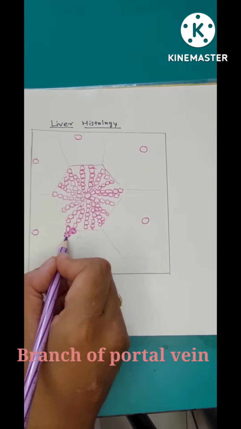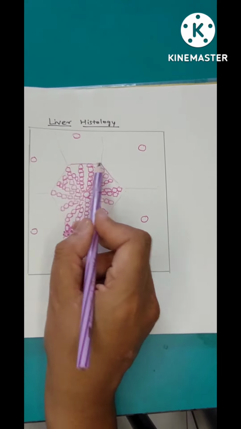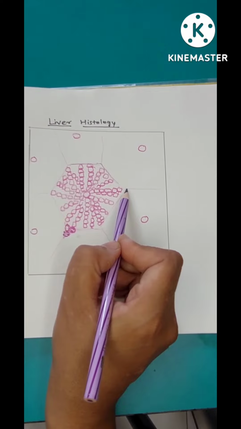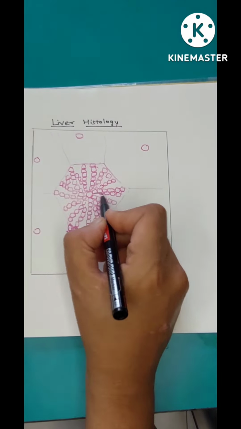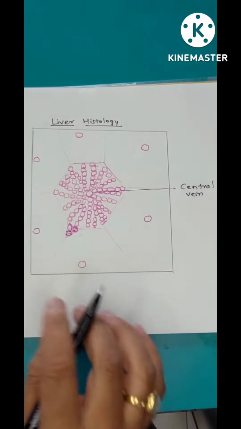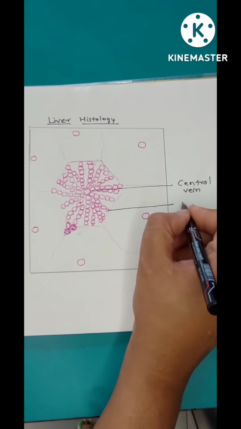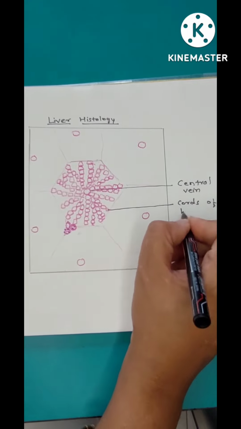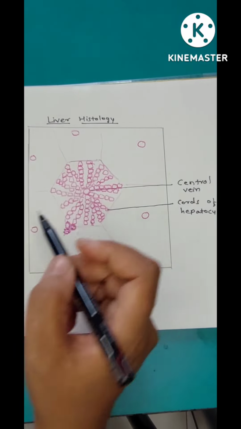So this portal triad is seen at the angle of this hepatic lobule. Let's label it. These are cords of hepatocytes. So this complete one is a hepatic lobule.